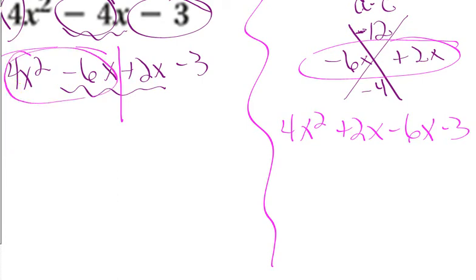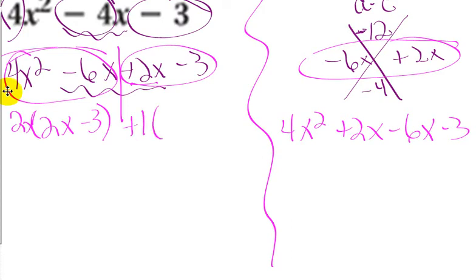And what can I factor out? A 2x. And what's left over? A 2x minus 3. And there's nothing to factor out on this side, so we can factor out a 1, right? 2x minus 3.